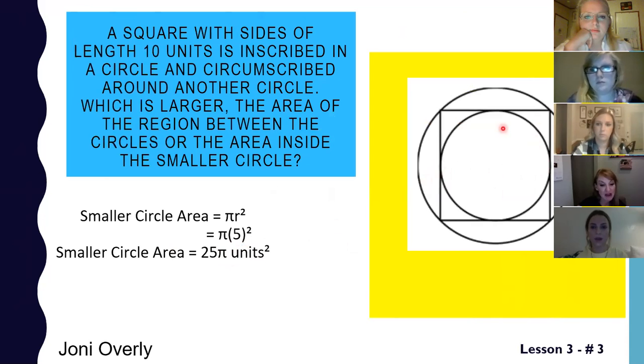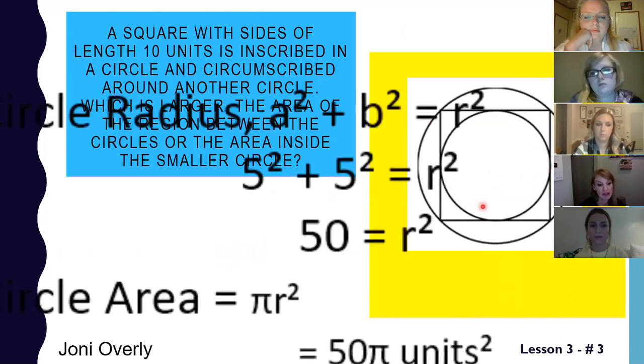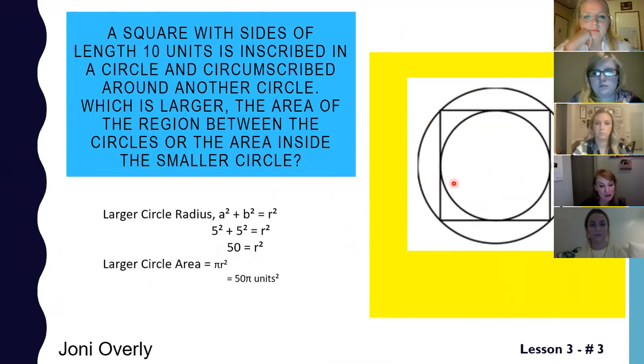So to find the larger circle, which has a radius equal to half of the diagonal of the square, to find the radius of that, you're going to have to use the Pythagorean theorem.